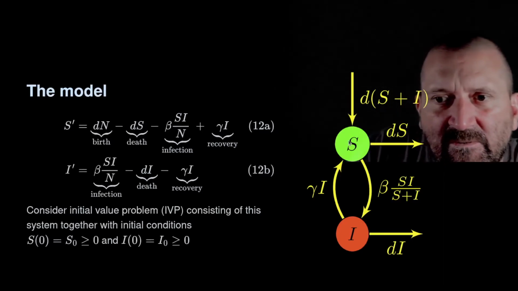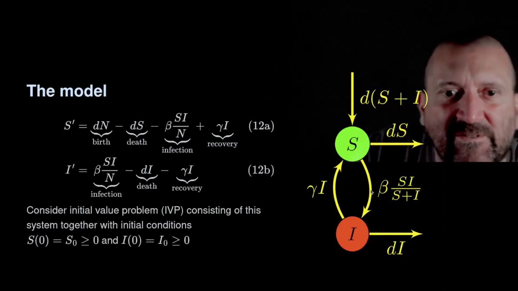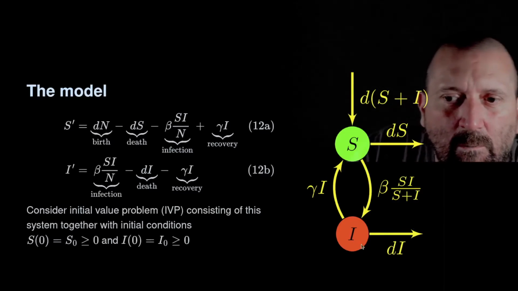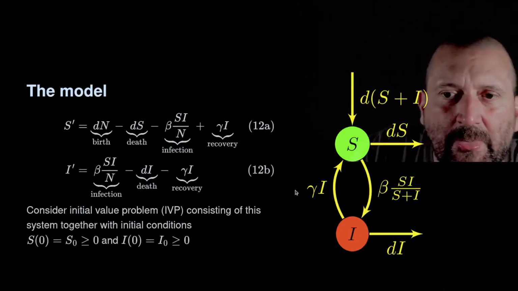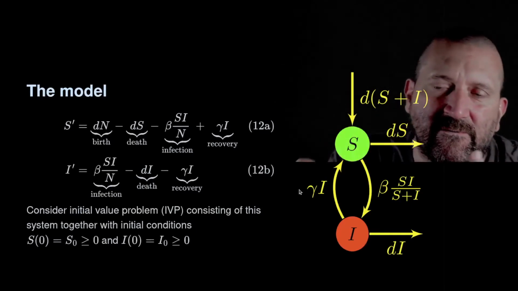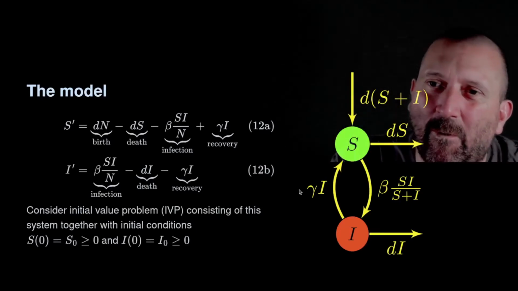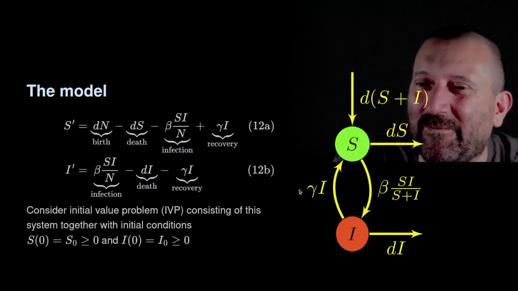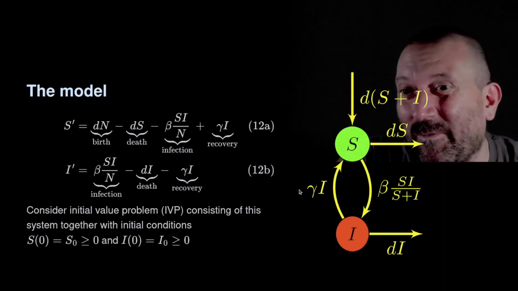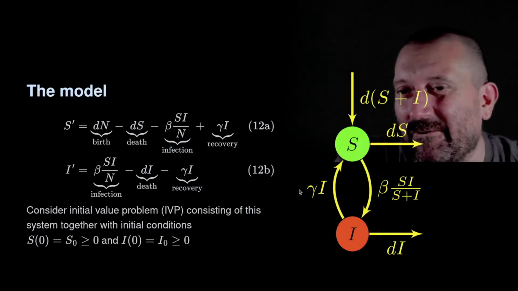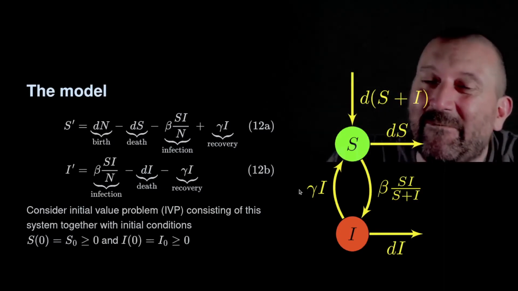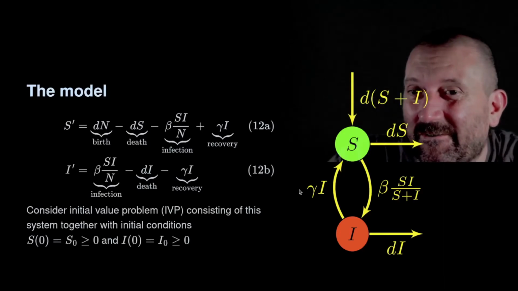In the I compartment, I have inflow of individuals when they get infected, and I have outflow when people die or recover. Okay, and this will be the rule with most ODE models and a lot of other models. Essentially, once you have your flow diagram, it's easy to recompose what the equation should be. If your flow diagram is well written, you have your differential equations without ever even needing to look at the differential equation.